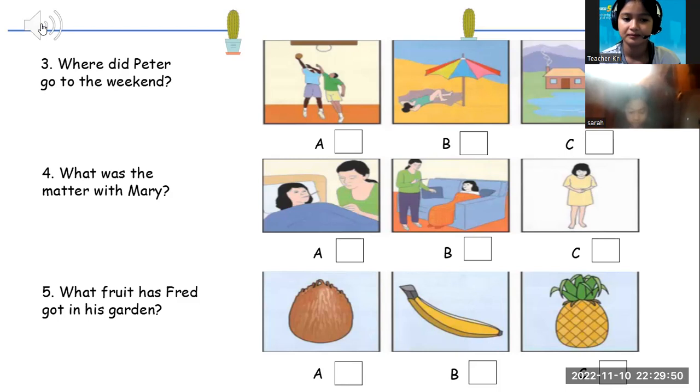No, his dad had to work, but he went with his mum to the mountains. 4. What was the matter with Mary? Mary couldn't come to school today. What was the matter with her? Did she have a stomachache? No, she had a temperature. Was she in bed? No, she sat on the sofa in the living room.